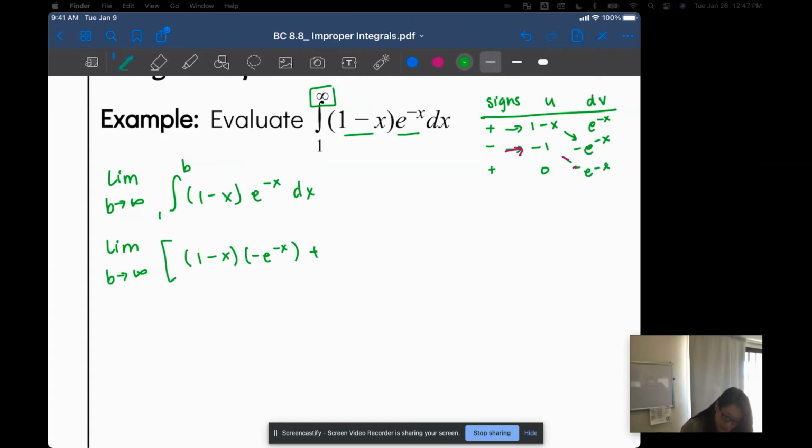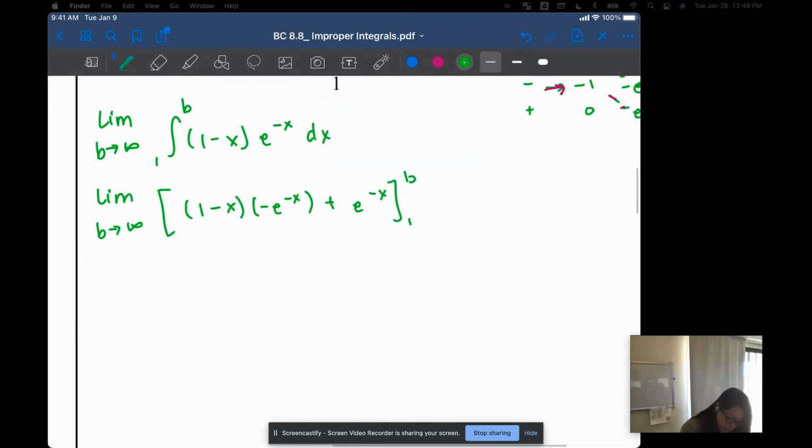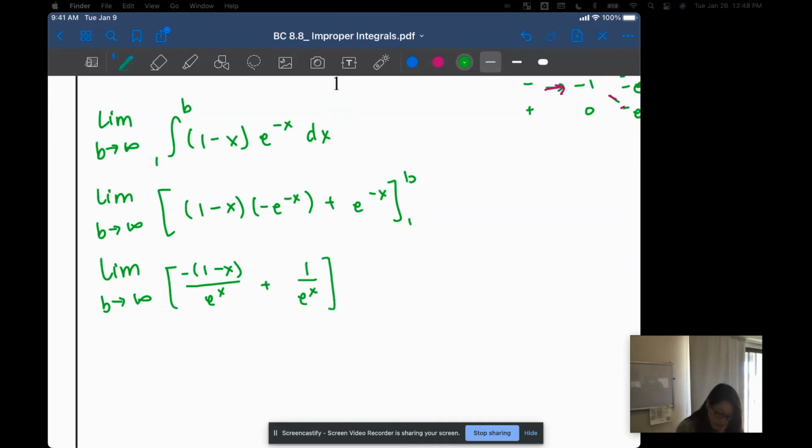Okay, so 1 times e to the negative x, and I'm evaluating from 1 to b. Okay, I'm going to rewrite this. So I have the limit as b approaches infinity of negative times 1 minus x over e to the x plus 1 over e to the x, evaluated from 1 to b.